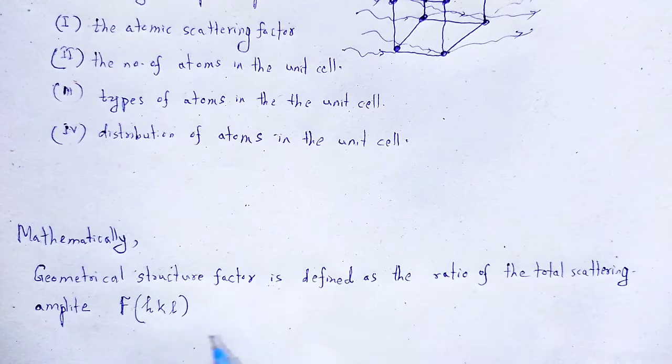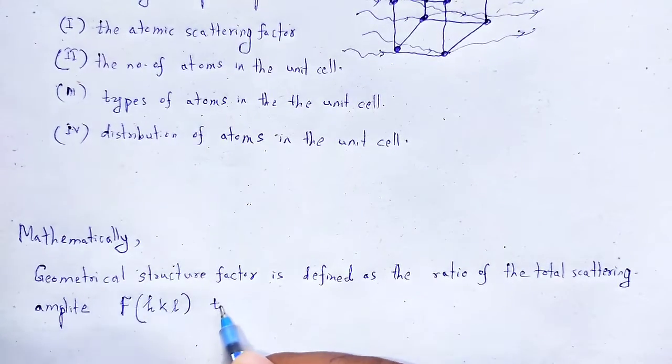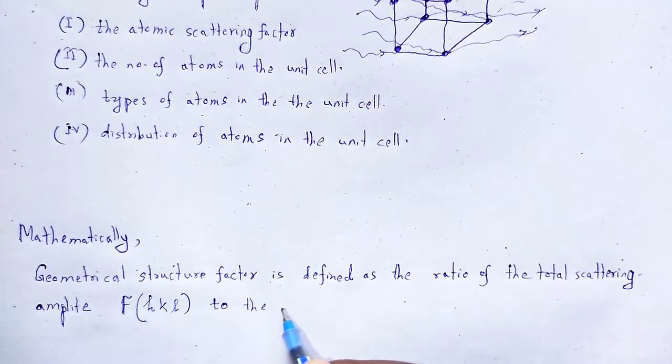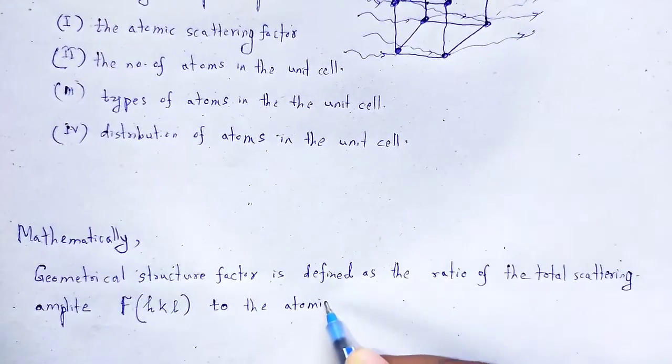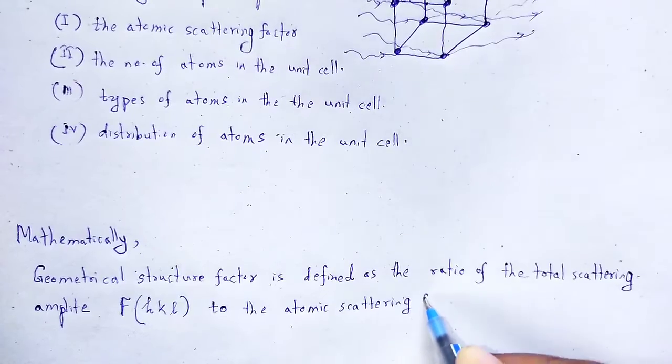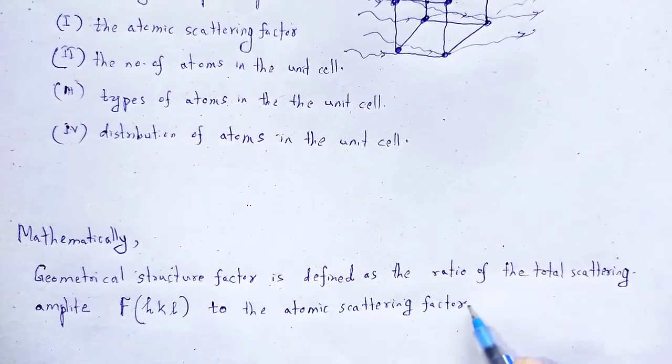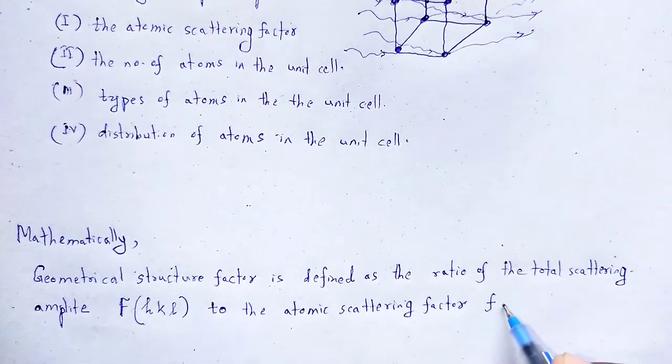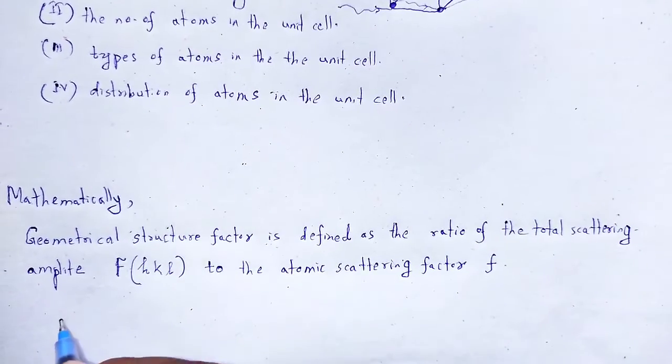So F(hkl) is the total scattering amplitude, to the atomic scattering factor, denoted by small f.